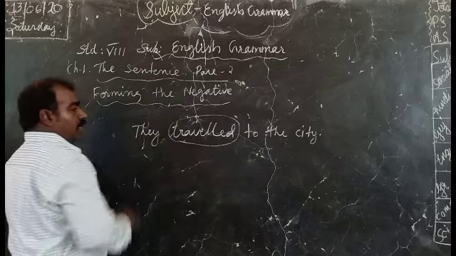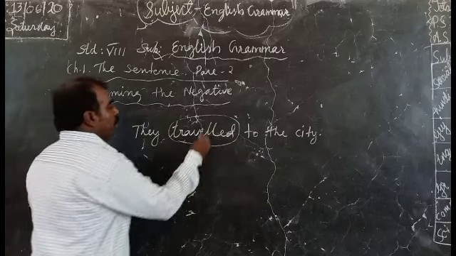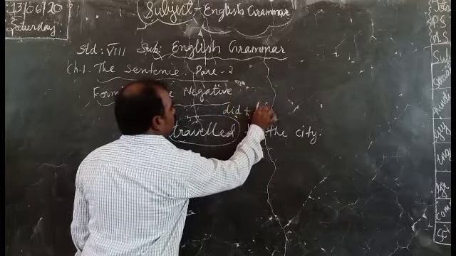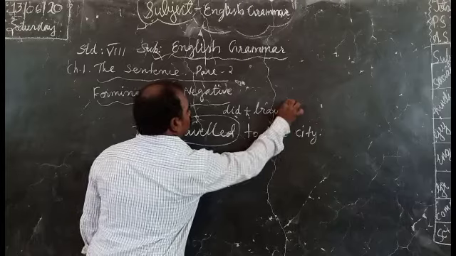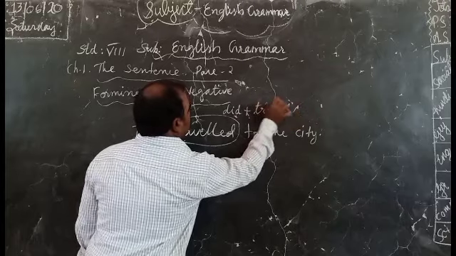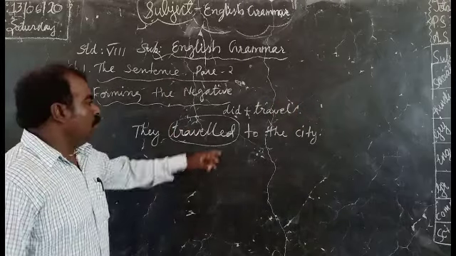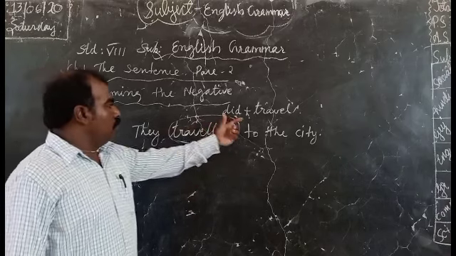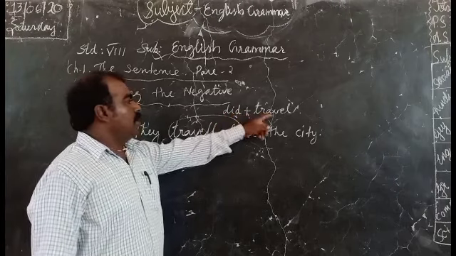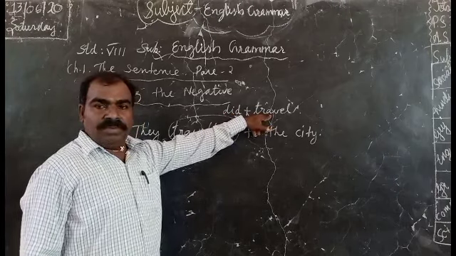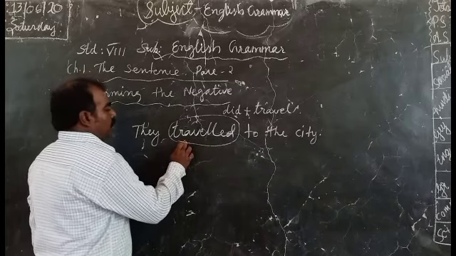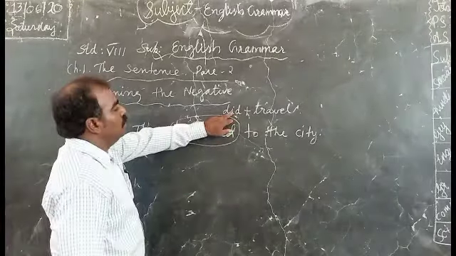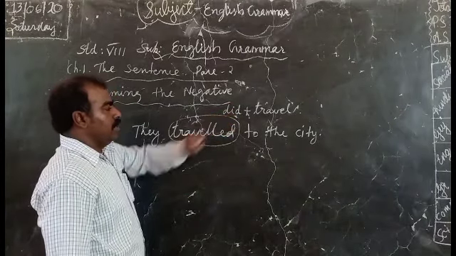This is how to divide: did plus travel. Now you have an auxiliary verb here. Traveled can be split into the auxiliary and the base form of the verb. It is in the past tense, so here the past auxiliary.